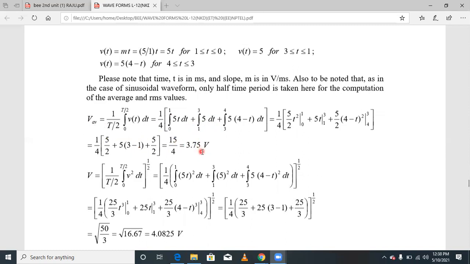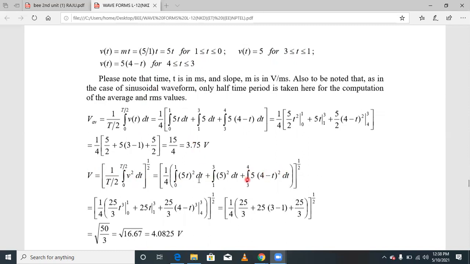And then the RMS value, how to calculate it? RMS value is equal to square root of 1 by T by 2 integral 0 to T by 2 of V square into dt. In the same way, substitute the different time periods: between 0 and 1, 5t; between 1 and 3, 5; between 3 and 4, 5 into 4 minus t.